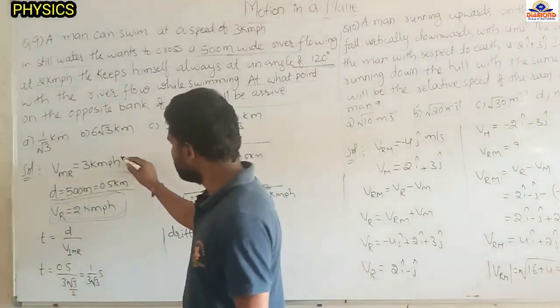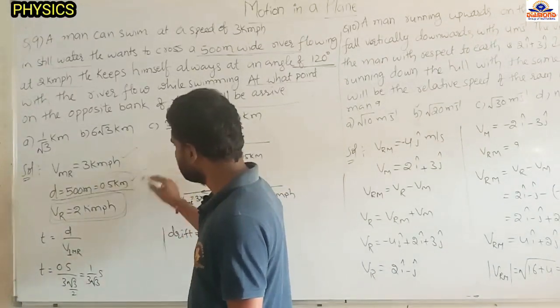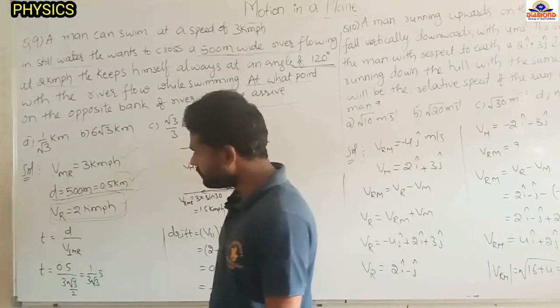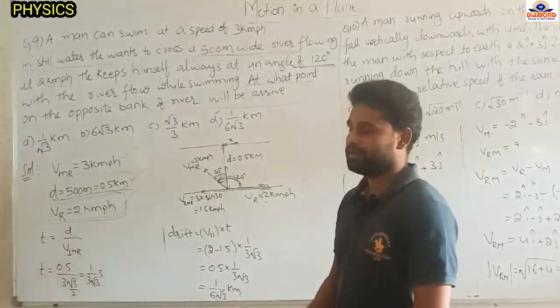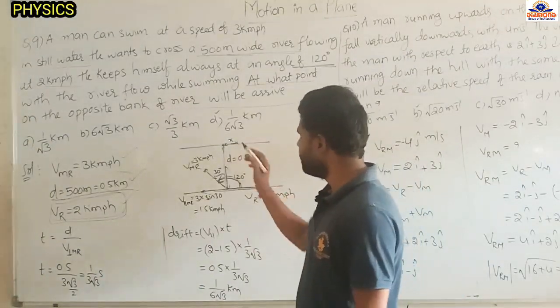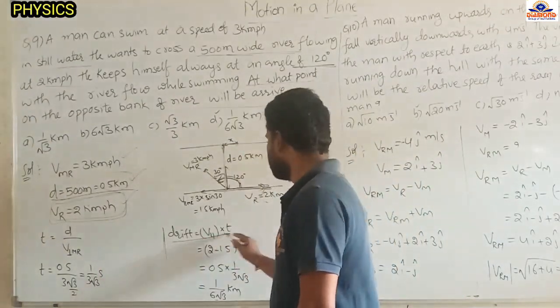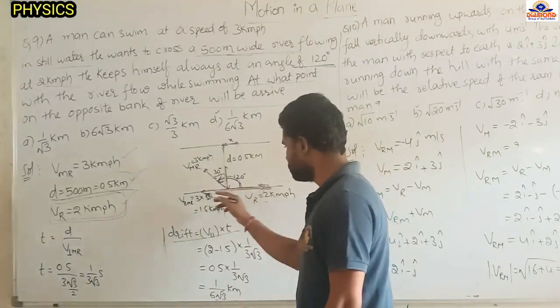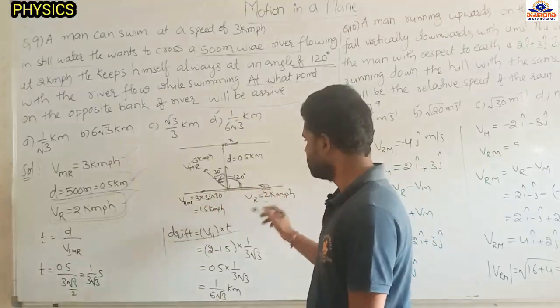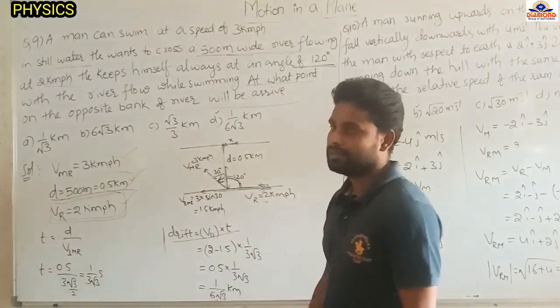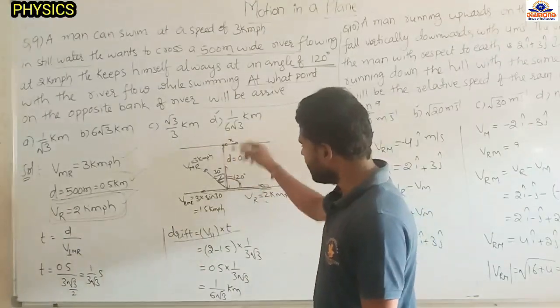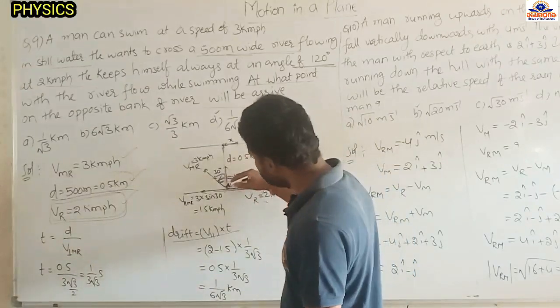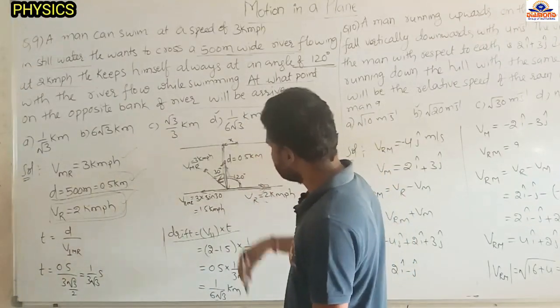The given data are the velocity of the man with respect to the river, the width of the river, and the velocity of the river. We have to find the drift. Drift equals the resultant of the horizontal velocities into time. To find the time, we have to consider the velocity component in this direction.